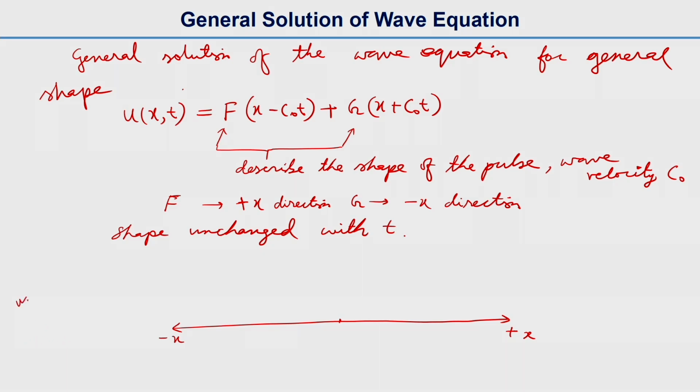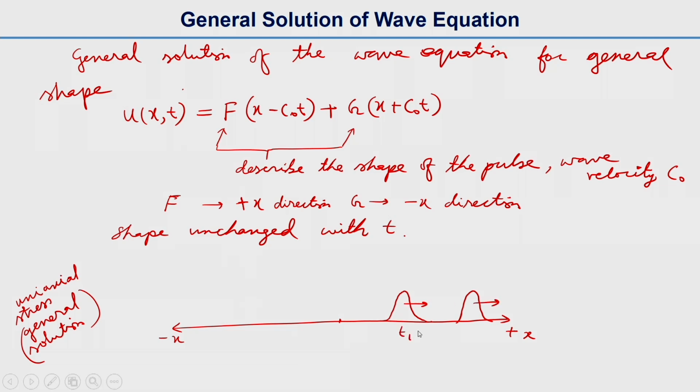The general solution of the wave will give, in the positive x direction, a wave shape something like this, travelling in this direction, at time t equal to t1 and then time t equal to t2.